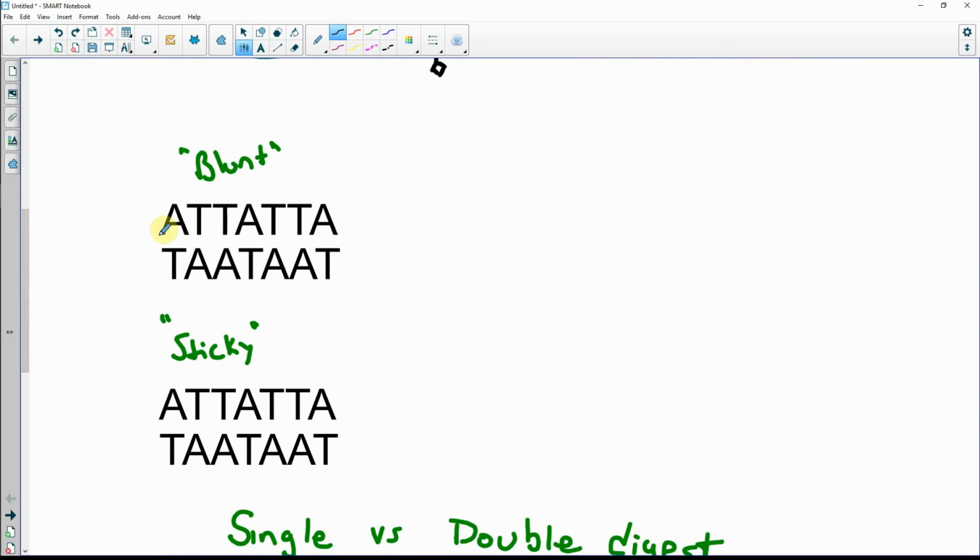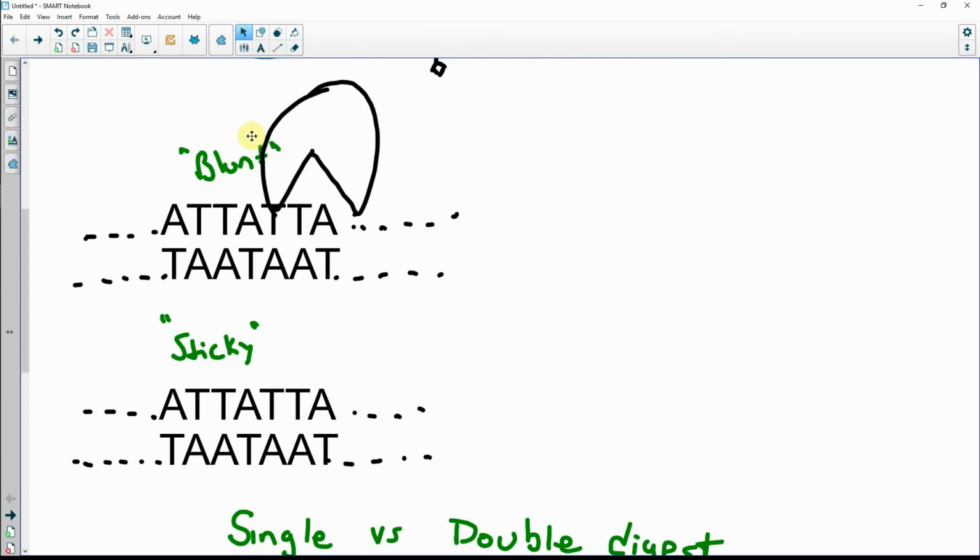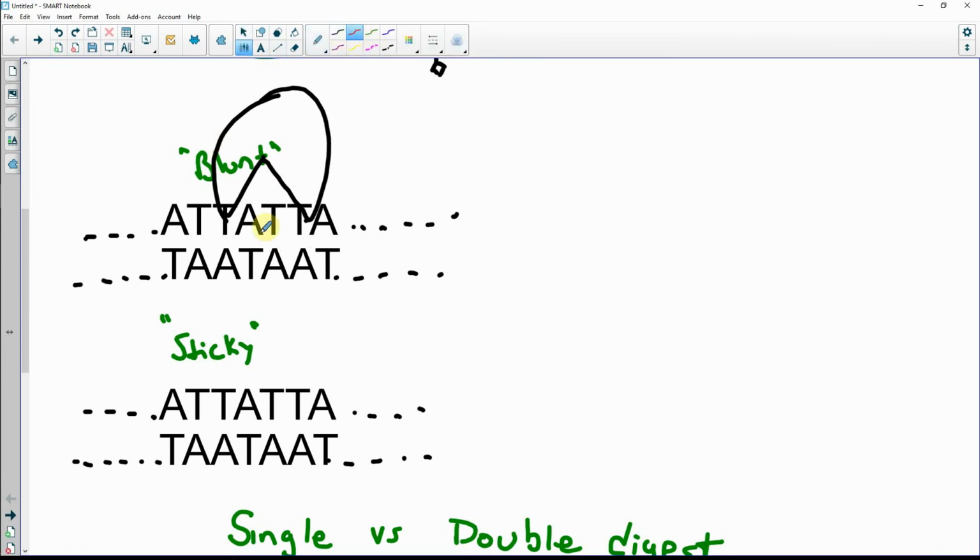So, you know, as I said before, DNA is double helical, it's two-stranded, and I'm just looking at a couple of places where let's say some restriction enzyme can cut. And if we're talking about a blunt cut, that would mean Pac-Man, and let's make Pac-Man. Here's Pac-Man. So this is the restriction enzyme. A blunt cut would mean that the enzyme is going to come in and cut, and just for argument's sake, let's say it cuts right here.